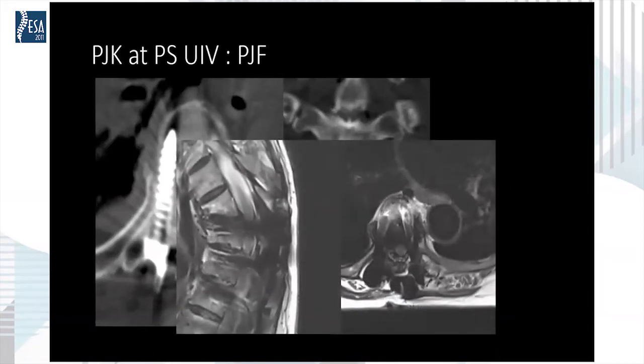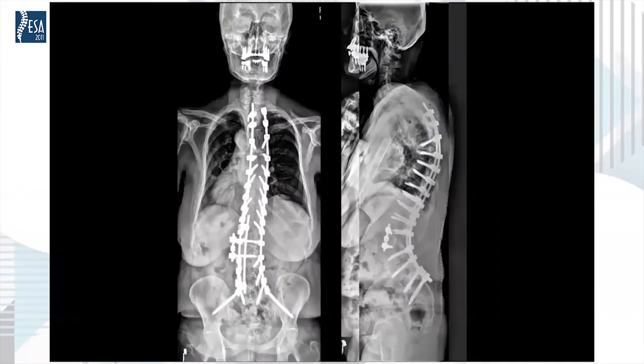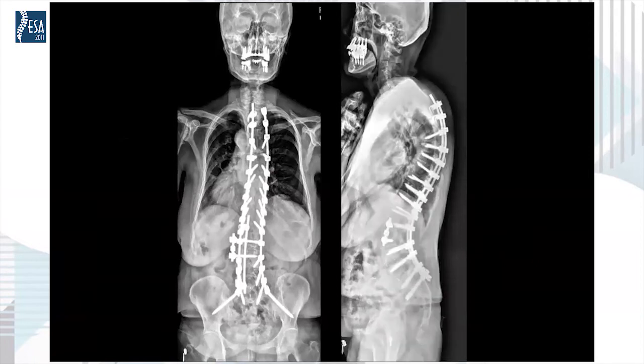So you can see the disc herniation and facet joint hypertrophy and myelopathy around the spinal cord. So we did a second revision surgery, and we used a proximal transverse hook for this patient.